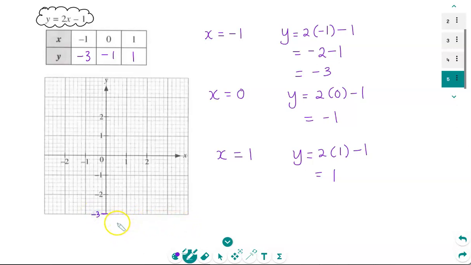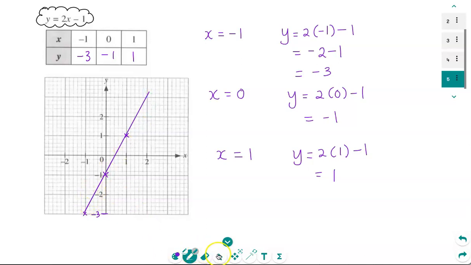Okay, so I have -1, -3, and 0, -1, and finally 1, 1. Just try to snap it to grid. Yep. And now I can join the points and draw the straight line.